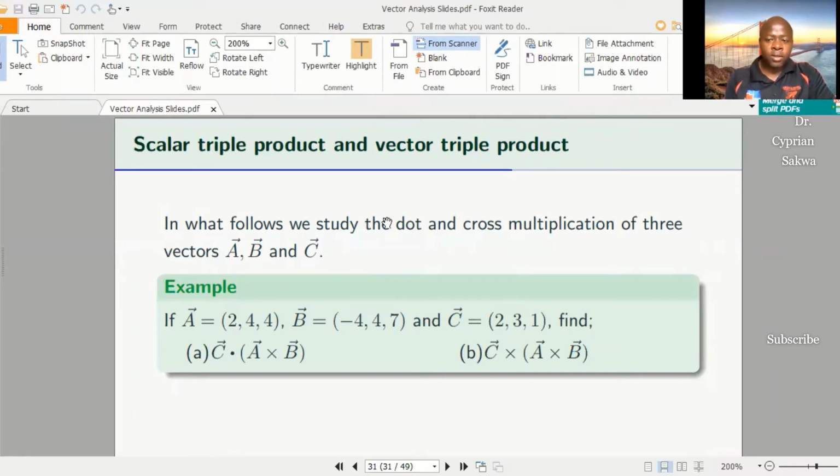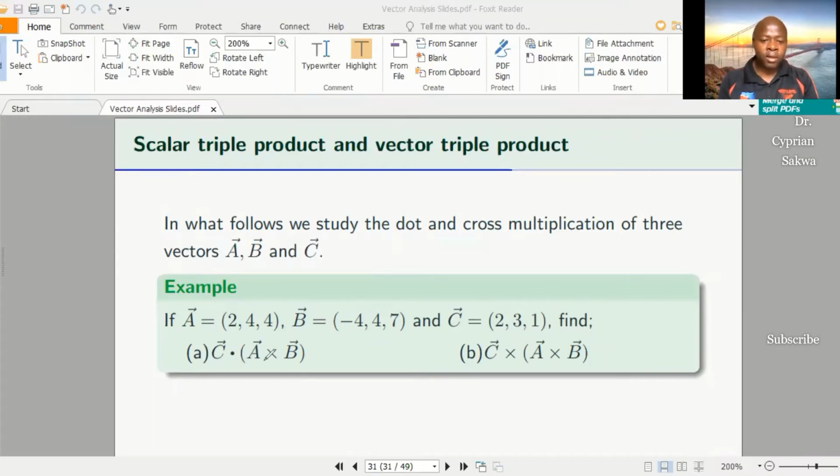So we go straight to the example. If vector A is 2, 4, 4, vector B is negative 4, 4, 7, and vector C is 2, 3, 1, can we find this?